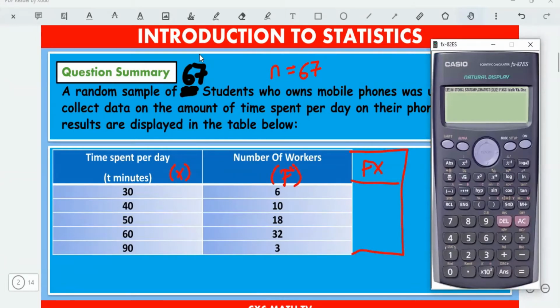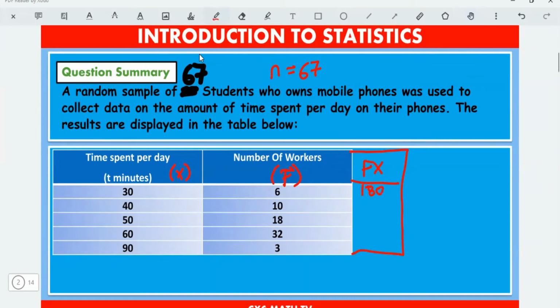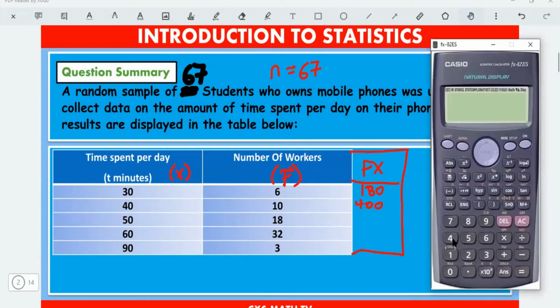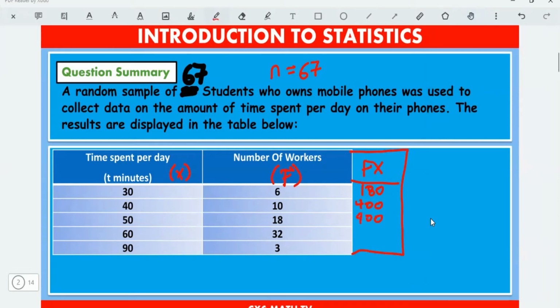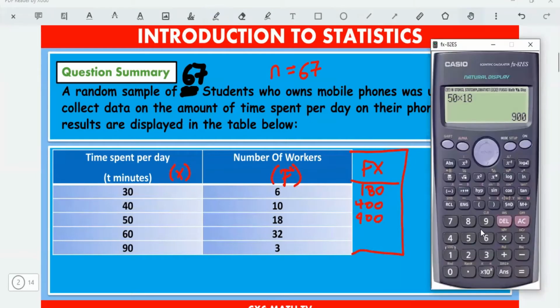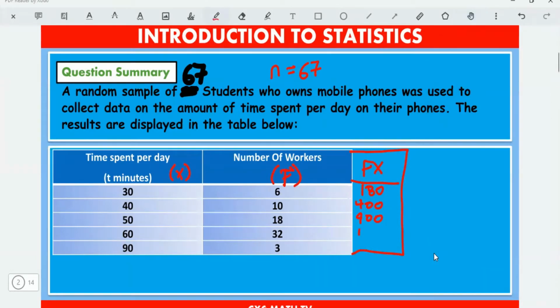First we need to work out 30 times 6. We all know that's 180, so calculator not needed yet. 40 times 10, that's 400. 50 times 18, let's bring out the calculator. 50 multiplied by 18 is 900. Now 32 times 60, and we get 1,920. And then 3 times 90, that's 270.